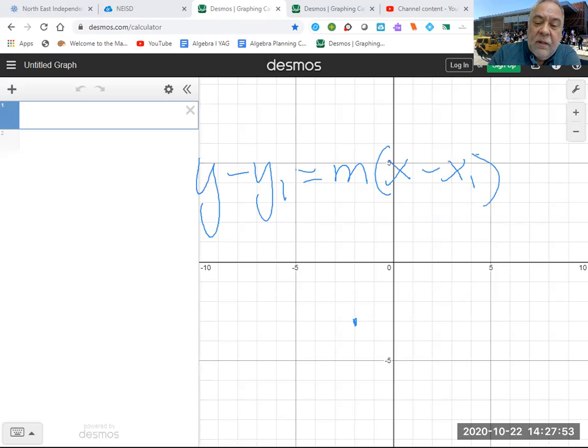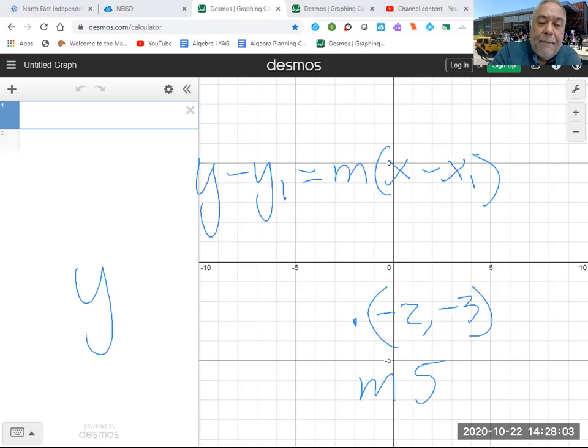So, say this was the point, 2, 3. Say the slope was 5. Then this equation would be y minus y1, which is negative 3, equals slope 5 times x minus x1, which is negative 2.